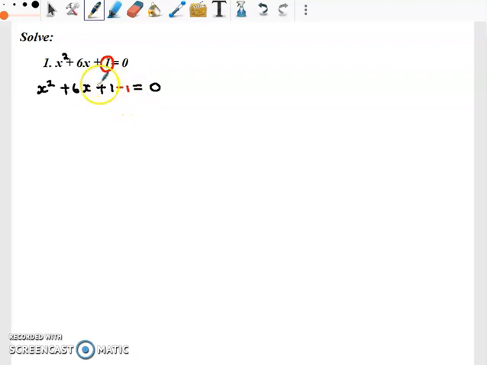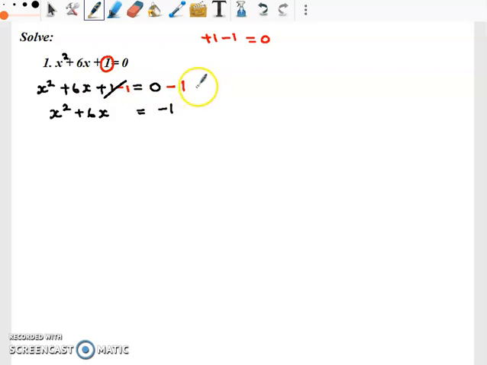This is what is referred to as a zero pair: positive 1 minus 1 gives you 0. Whatever I do to the left hand side, which is subtract 1 in this case, we have to subtract 1 on this side as well. If we rewrite this now, we will have x squared plus 6x, remember the 1 turns to 0 so nothing is left, equals negative 1. So that's the first step.